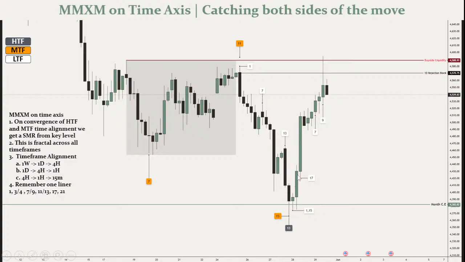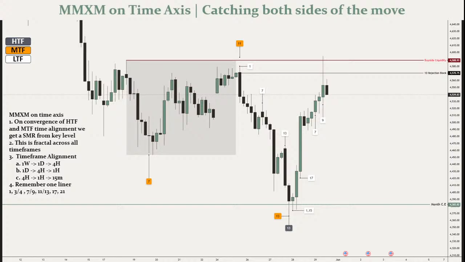After the smart money reversal, we get 17 here. Price creates the continuation and moves towards buy side liquidity. And then if we count from here after the smart money reversal, we get 1, 7, and then 9. These are continuations towards the buy side liquidity. So this is a simple market maker sell model or buy model on the time axis.